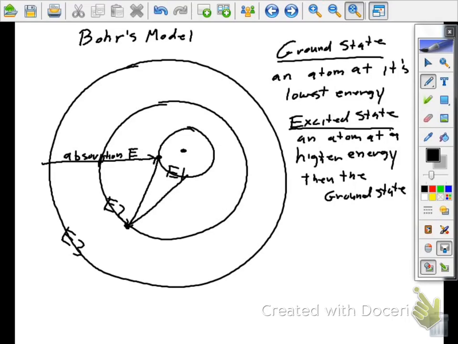When it goes back to the ground state, we have this thing called conservation of energy, so something has to be emitted. We're going to show that emission with a wave. So this would be energy emitted.